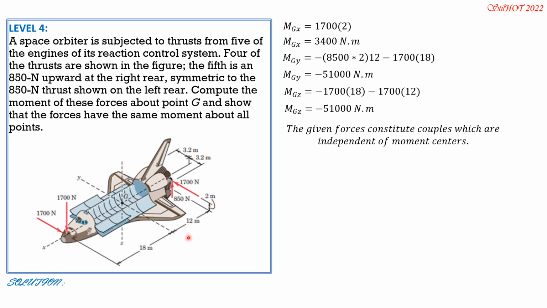And couples are independent of moment centers, so regardless of which point you choose, the moment would be the same. That's why that's the answer to show that the forces have the same moment about all points, because they are couples. So in vector form, MG is 3400i minus 51,000j minus 51,000k Newton meter.